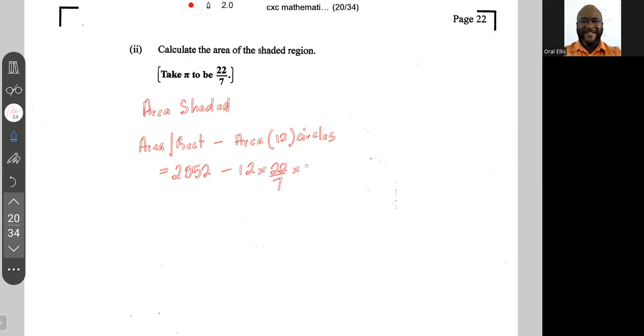The radius is 7 times 7. So this is 2,352 minus 12 times 22 over 7 times 7 times 7. This is 1848. The final answer is 504 centimeters squared.